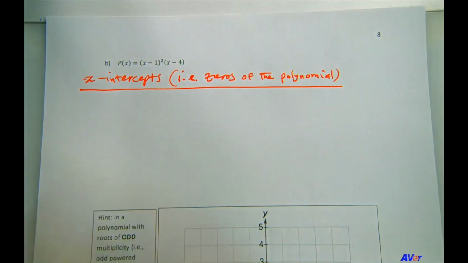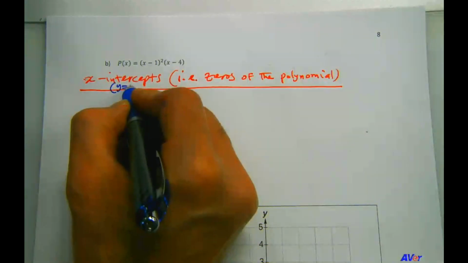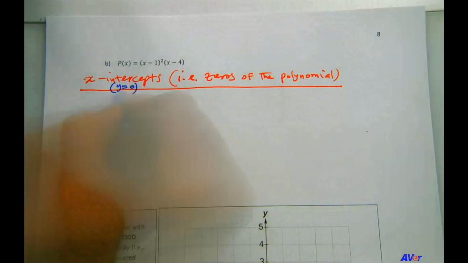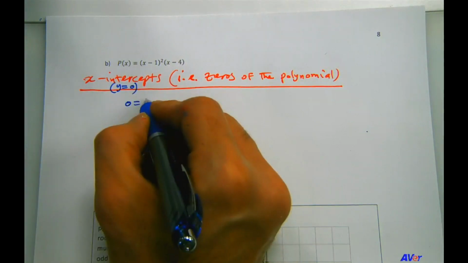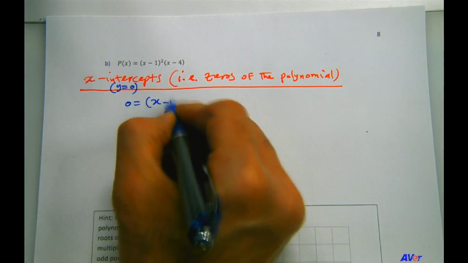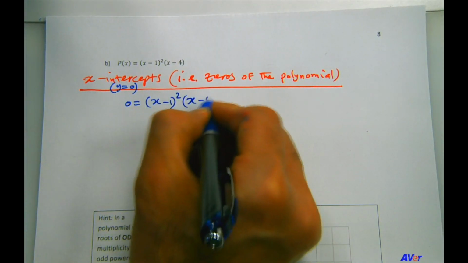Okay, where x-intercepts are, by the way, where y is equal to 0, right? So let's replace p of x with 0. So we have x minus 1 squared times x minus 4.